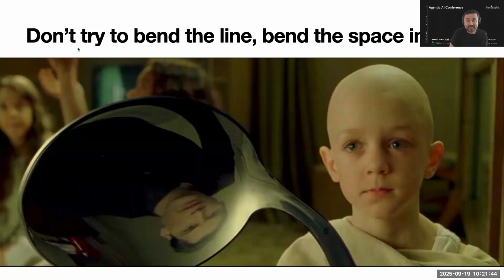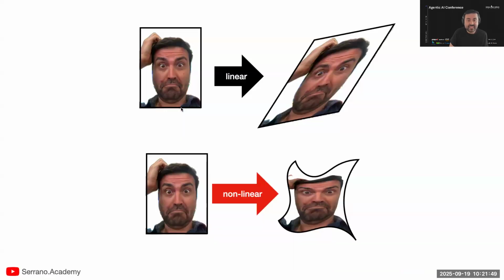We're going to take the advice from the kid. Let's not try to bend the line. Let's try to bend the space instead, using nonlinear transformations. Remember that a linear transformation takes squares into parallelograms, and a nonlinear one takes squares into anything. It just bends it. For this, I took software that modifies images, and I started pulling points apart. That's a nonlinear transformation.